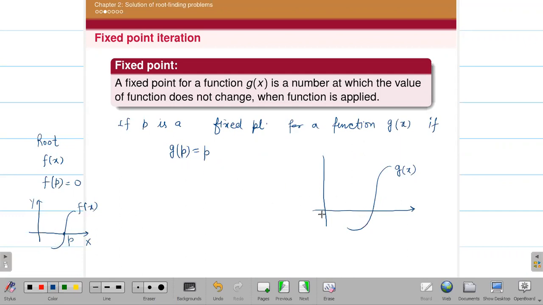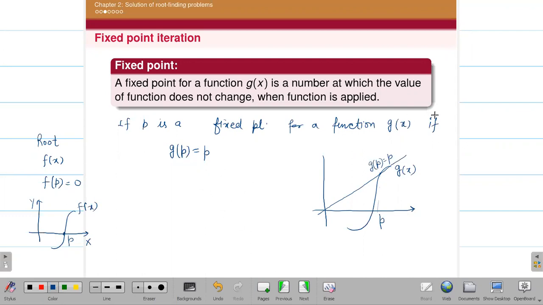It means the graph of the function cuts the line y equals x. The function can also have two fixed points. If I take any p value here, it will give you g of p, that is p. That is our graphical representation of a fixed point: if you put p, you will get p only. Okay.